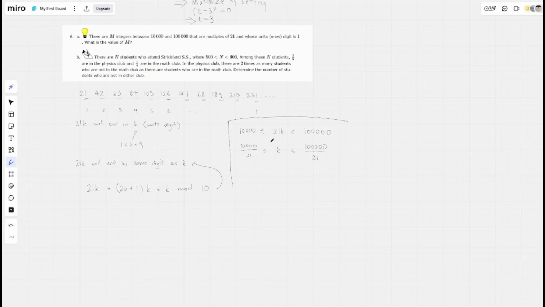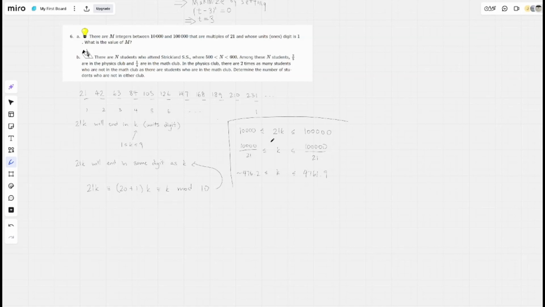You're going to plug these numbers into your calculator. The first one is around 476.2 ≤ k, and k is less than or equal to around 4,761.9.